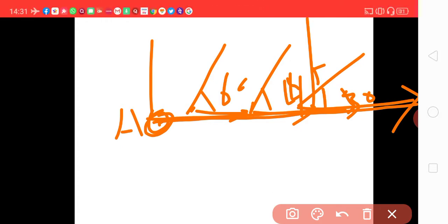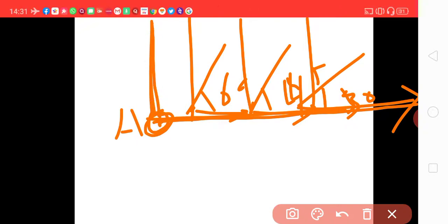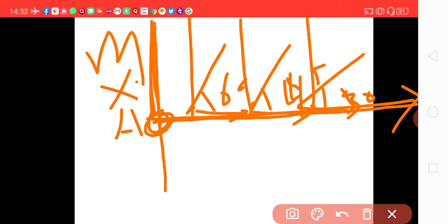Line of action is passing through this, so their moment is 0. Only we are left with the vertical components. And this force being vertical also, it is also passing through the point A. So the moment of this force will also be 0. So we are left with this component, this component, this component.